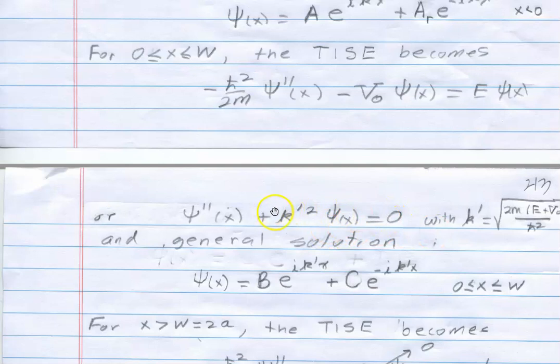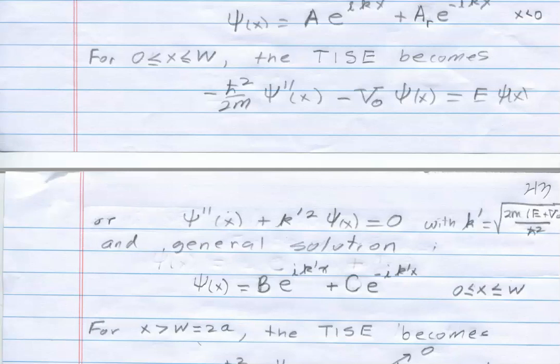Ultimately, I rearrange this equation into this form, where I've introduced k prime, the square root of 2m times E plus V naught over h bar squared. Remember, E is a positive known number, and V naught is also a positive known number. So again, in principle, I know everything here, and I can get a numerical value for k prime for a given instance. It's only good for x between 0 and w. One can choose different arbitrary constants to get the general solution, and I chose those to be b for the right-going wave and c for the left-going wave.